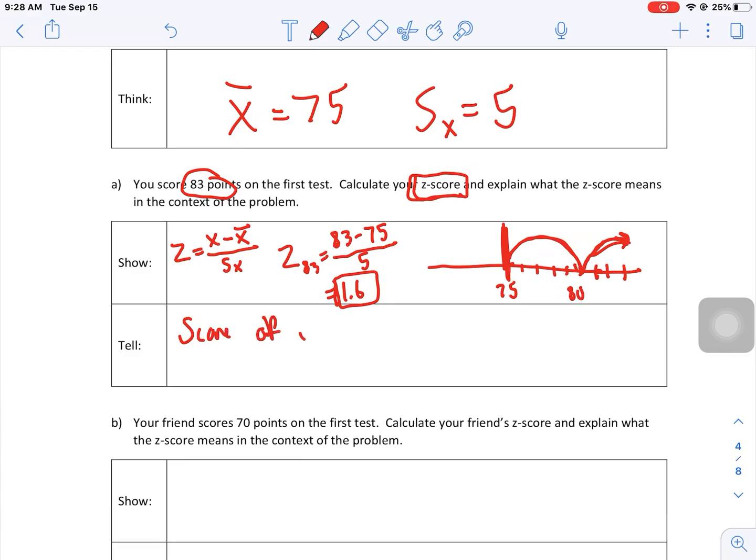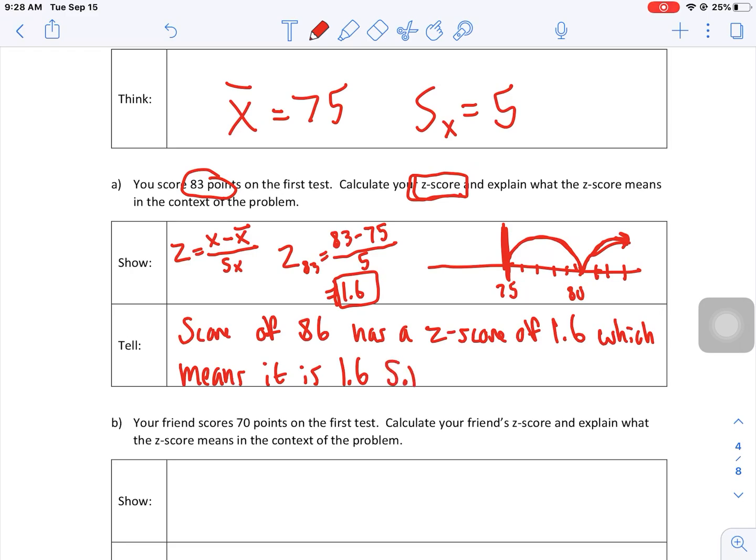So the score of 83 has a z-score of 1.6, which means it is 1.6 standard deviations above the mean.